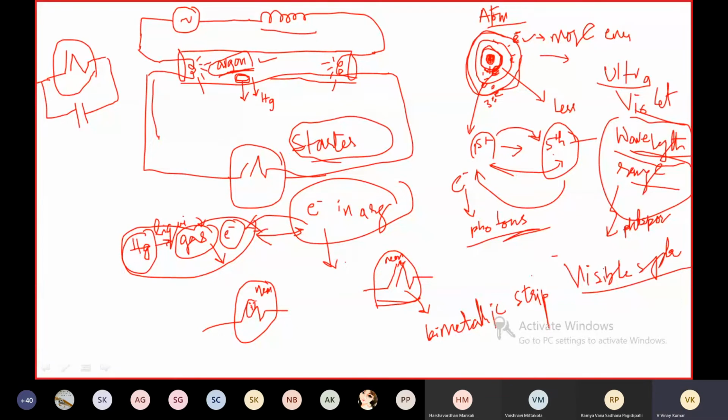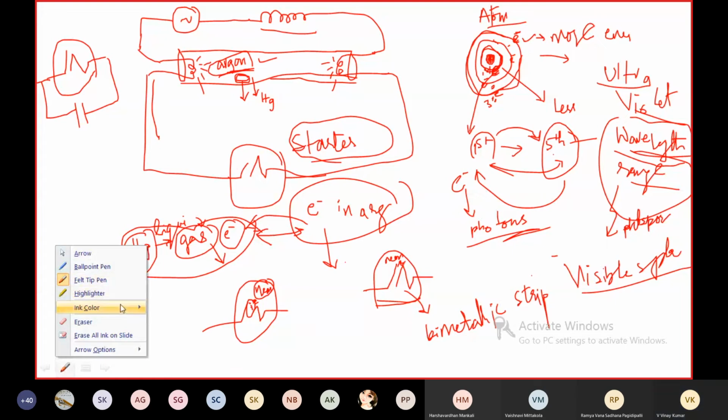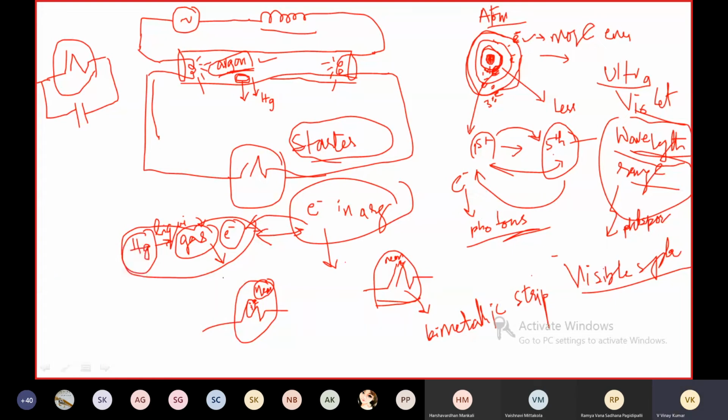This heat ionizes this gas, because the spark is produced. A spark will be produced because of the applied voltage, between these two electrodes.